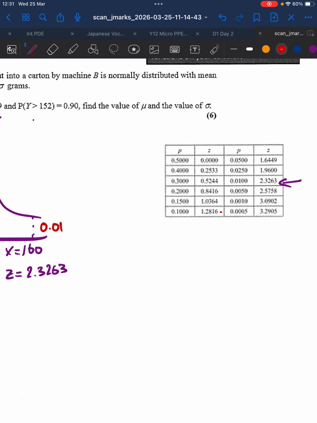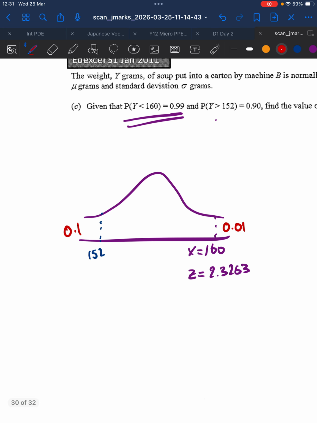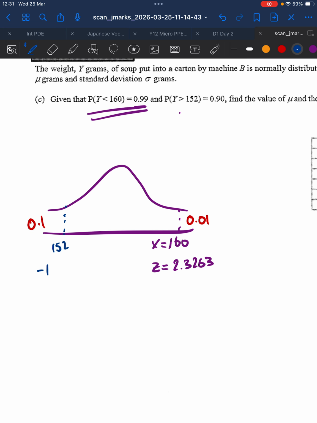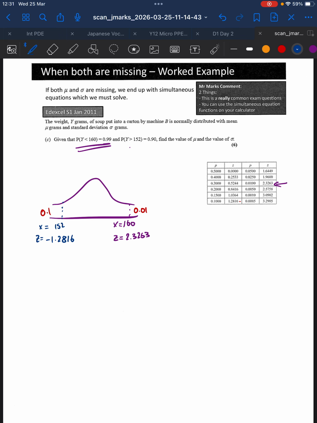That's the 0.1 above, and because it's on the left, it needs to be negative. So what was that? Minus 1.2816. Yeah. Okay, and actually here there's enough information now to find out the mean and the standard deviation.